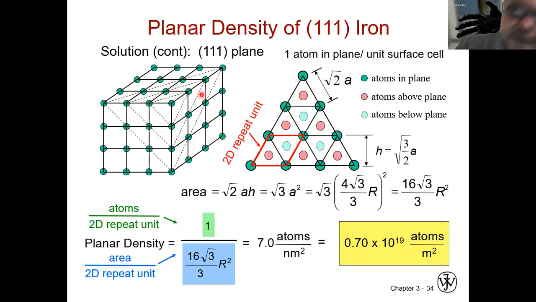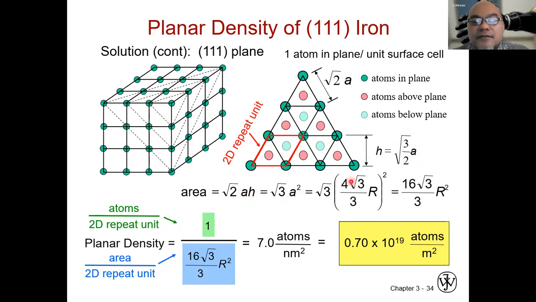The atom below the plane is the light cyan one. In this case, the height here is this one, and this equals the square root of 3/2 times a. So the area is the square root of 2 times a times h of that plane.